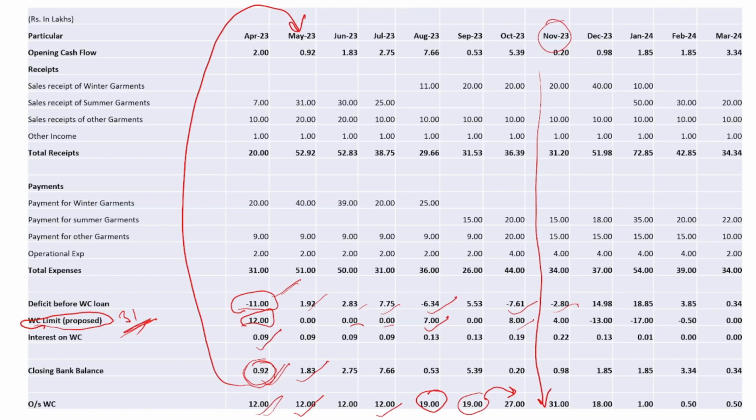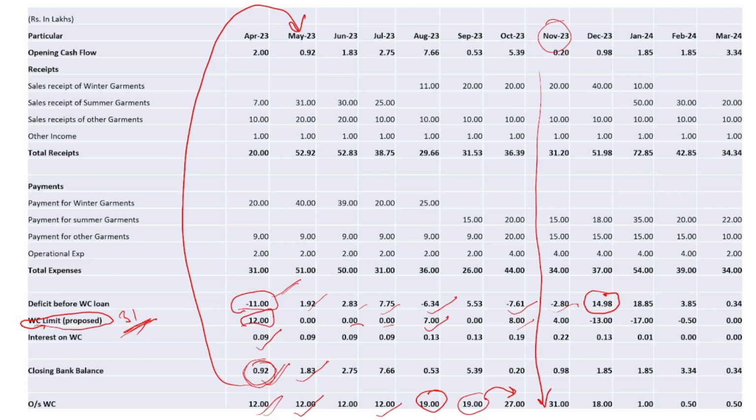After that, in December, we saw that 14.98 lakh is a surplus. It's a huge surplus. It is a cycle of the business. When in some months there is a deficit, there will automatically be a surplus in some months.